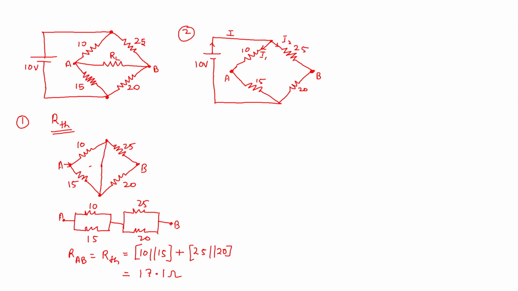Now let me find the current I. The current I is equal to 10 divided by R total, where R total is, 10 plus 15, both in series, isn't it? So 10 plus 15 is 25 in parallel with 25 plus 20, that is 45.